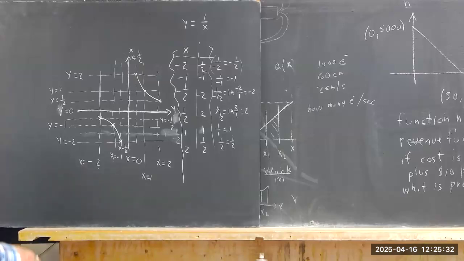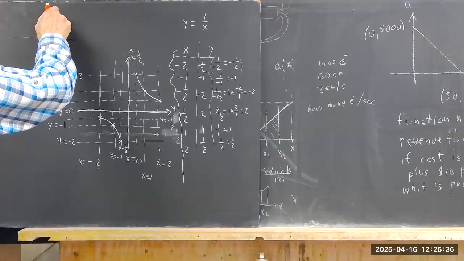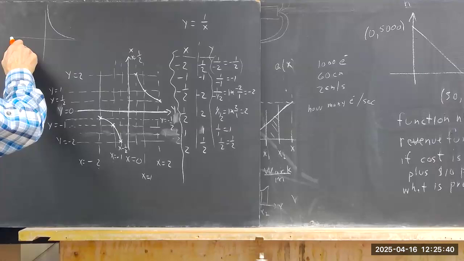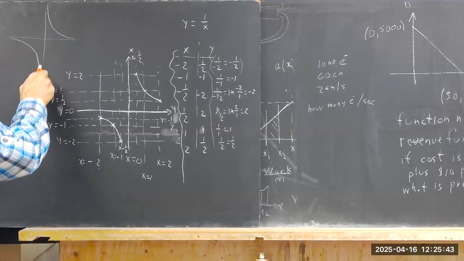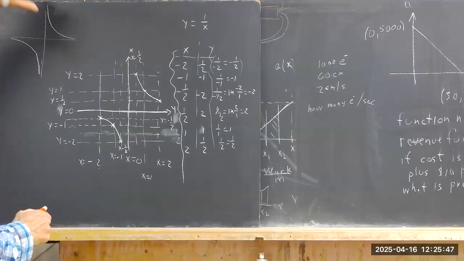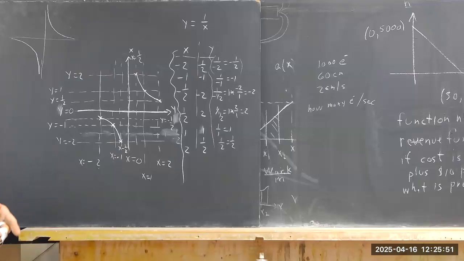Now, what this graph actually does, if you look at it beyond this table, it keeps getting closer and closer to the y-axis up here, never touches it. Keeps getting closer to the x-axis over here, never touches it.